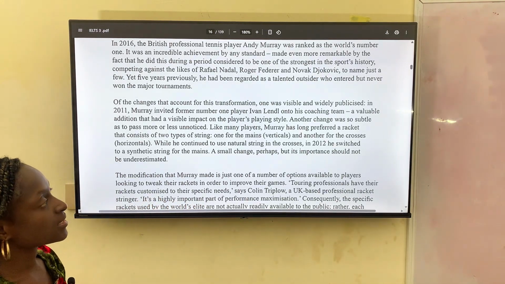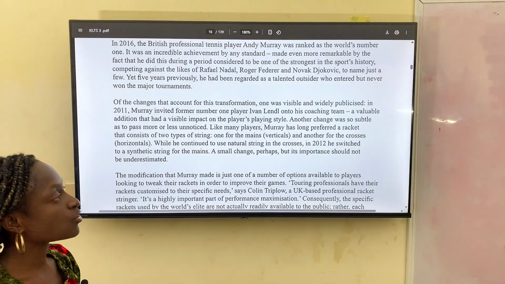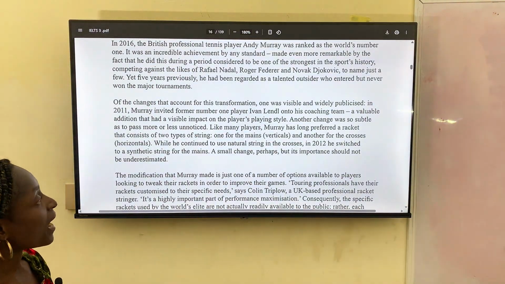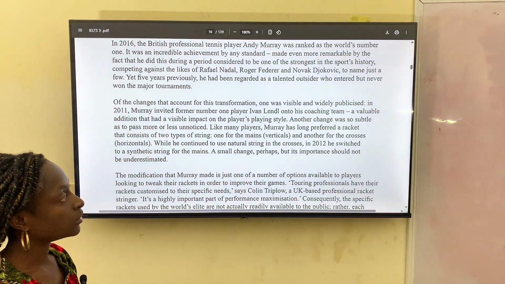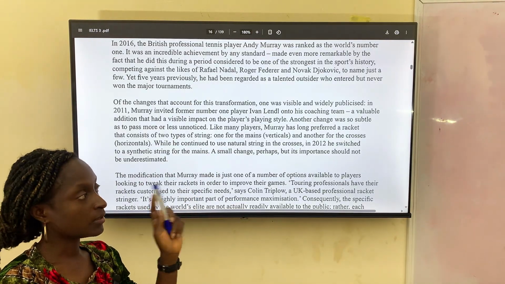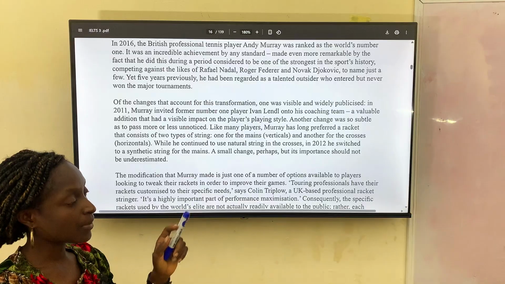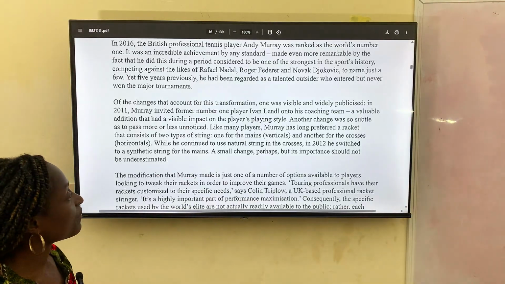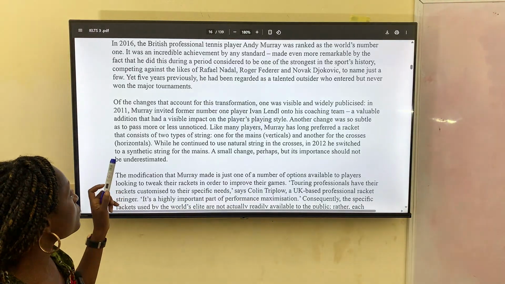Now the next sentence says, another change was so subtle as to pass more or less unnoticed. The key word there is subtle. That means very, very little or very small.